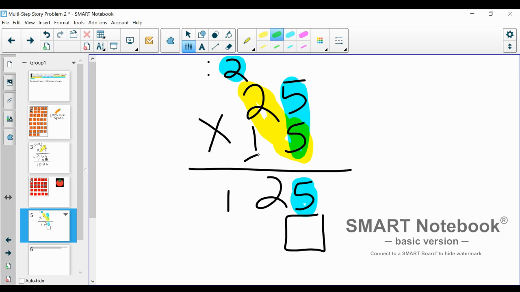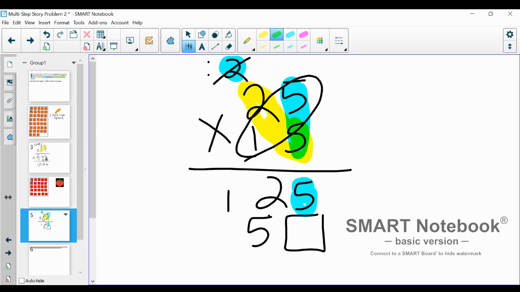And now we're going to go the other direction. We're going to do 1 times 5. 1 times 5 is 5. And 1 times 2 is 2. And then we've already used the 2 before, I believe. Let's come back. 5 times 5 is 25. 5 times 2 is 10, 11, 12.